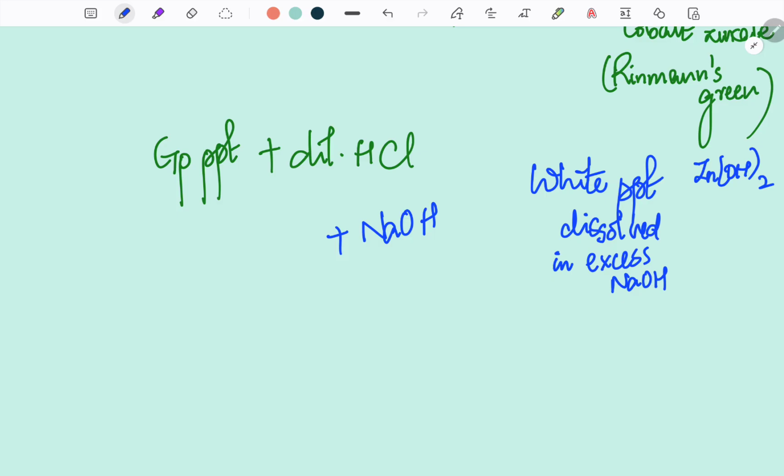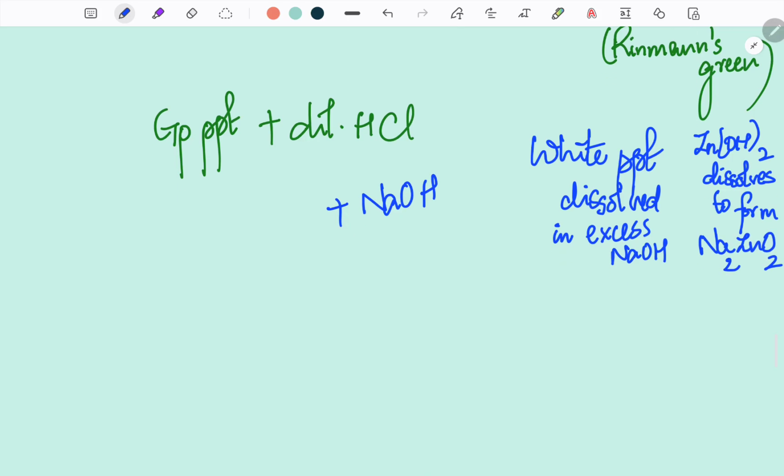And the precipitate which is formed is actually going to dissolve and form sodium zincate. So the zinc hydroxide dissolves to form sodium zincate. Sodium zincate is Na2ZnO2. That is sodium zincate.